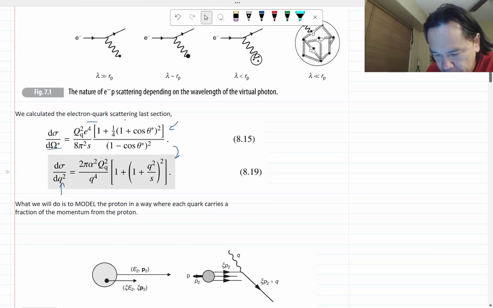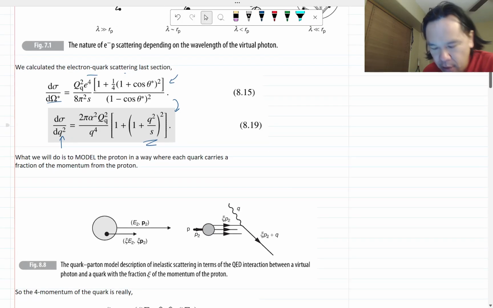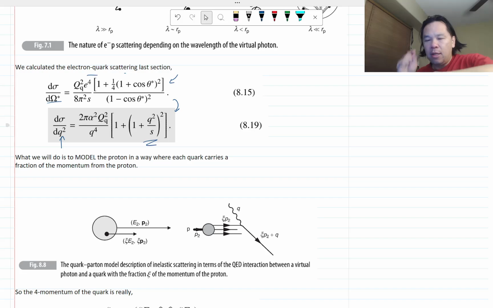So what we're going to do is pin this onto the wall somewhere. We're going to think about what happens when the proton comes in: it does not carry all the momentum, each of the quarks does. So imagine there's 4 things in this proton.